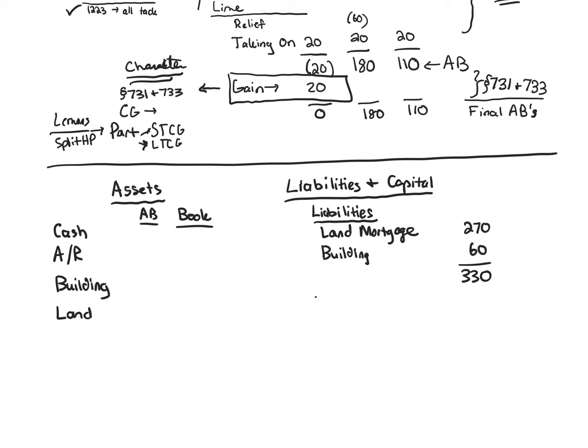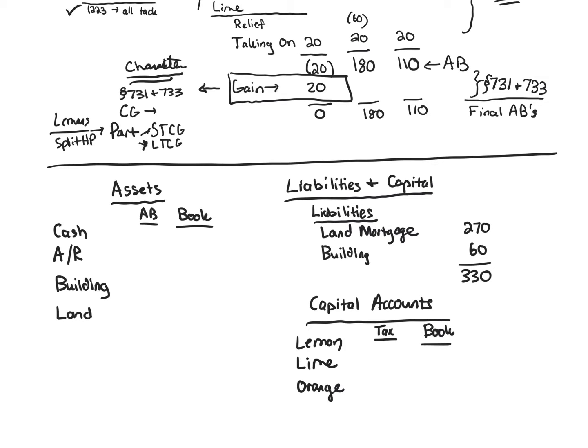And then we also have the capital accounts. Very important. Keep track of the capital accounts in partnership tax. And we have Lemon, Lime, and Orange. And we've got our tax column, and we have our book column. Let's go back to the assets and fill that in.